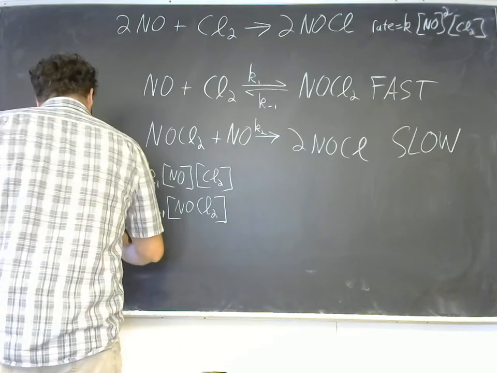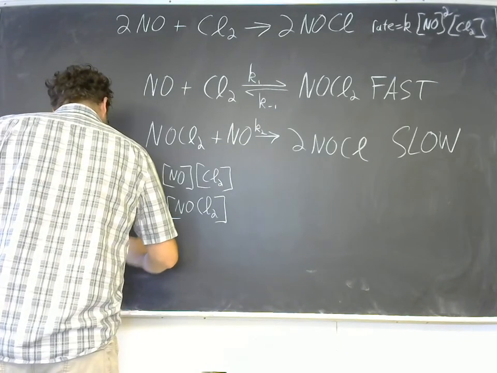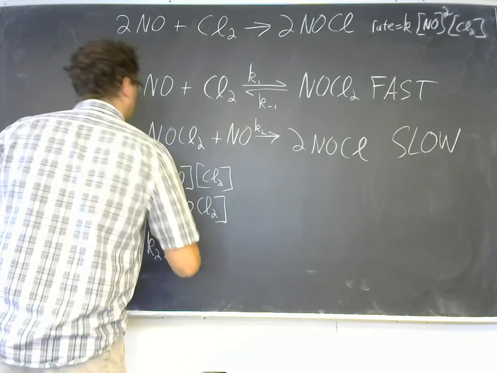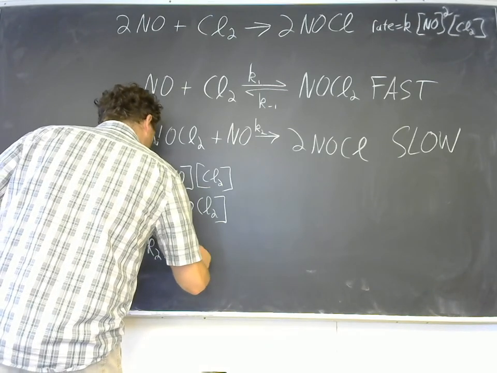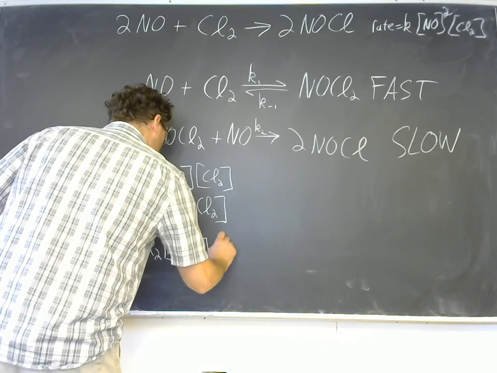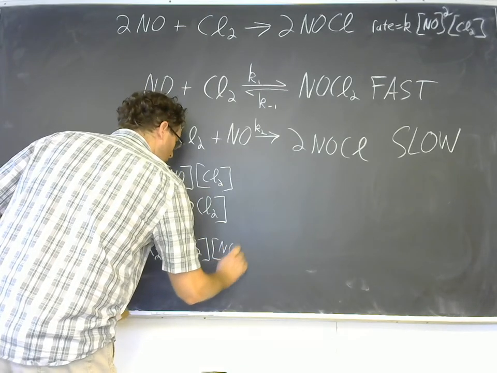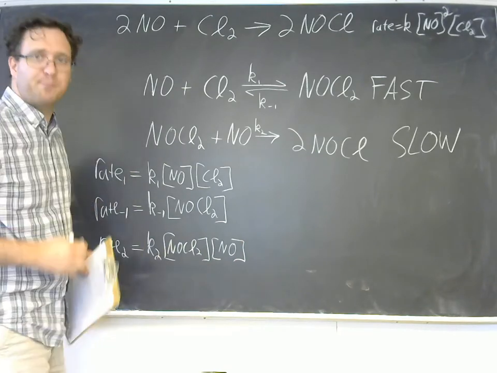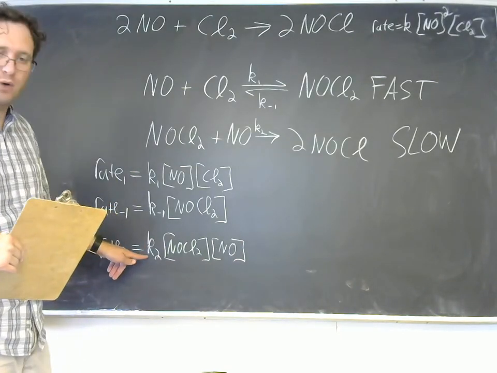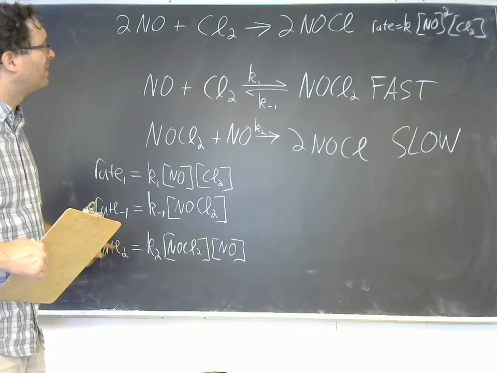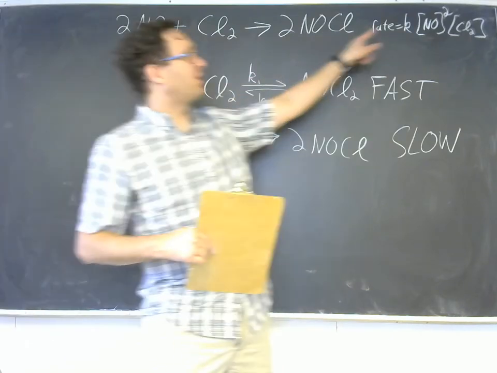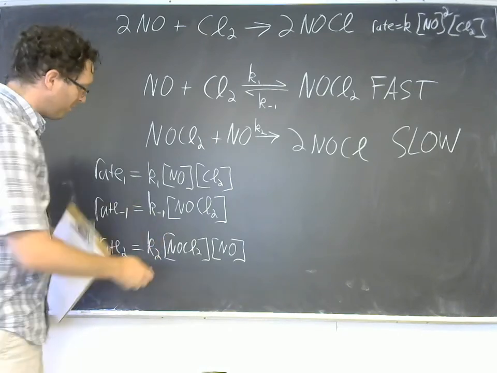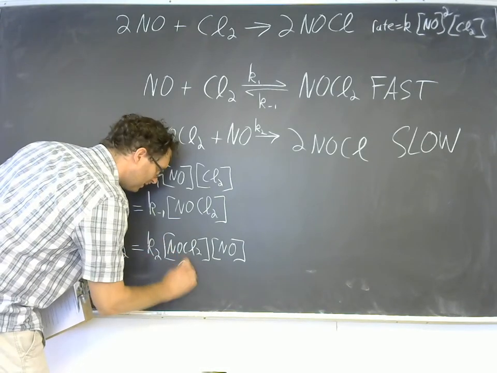And finally, rate 2 is going to equal K2 times the concentration of NOCl2 times the concentration of NO. And this is the slow step, so this is the overall rate. However, the rate law that we observe does not match this. And why is that? Well, because NOCl2 is an intermediate.